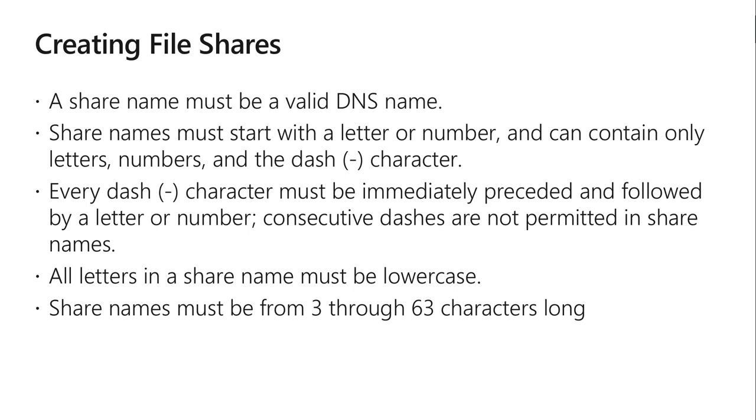You cannot have another dash following that. And they must be lowercase and must be from 3 to 63 characters long. So that's some of the things you have to keep in mind. Seldom have I seen people run into problems like this, but I think the most common one is you have to use lowercase.